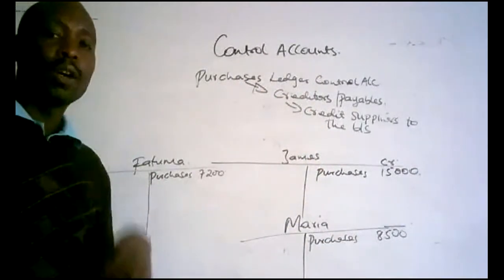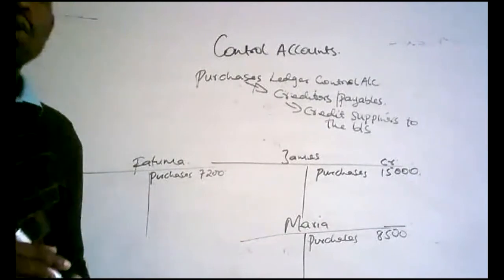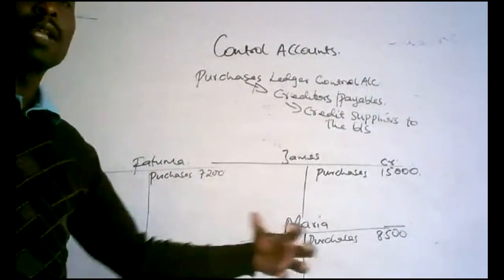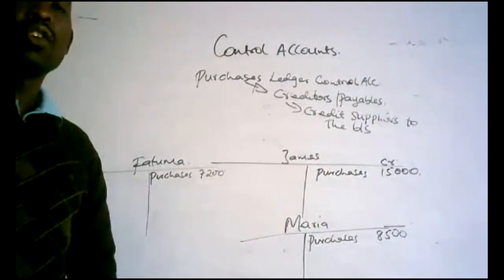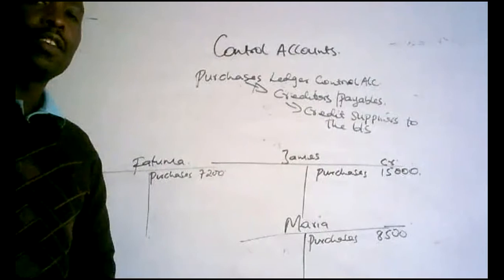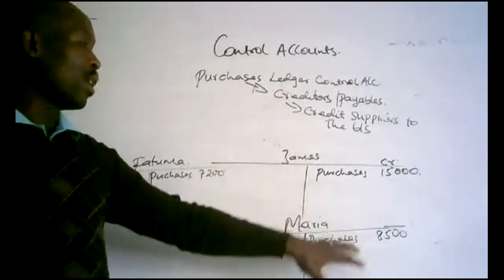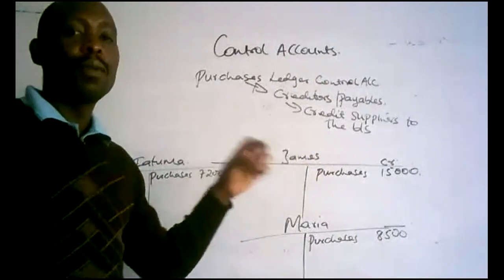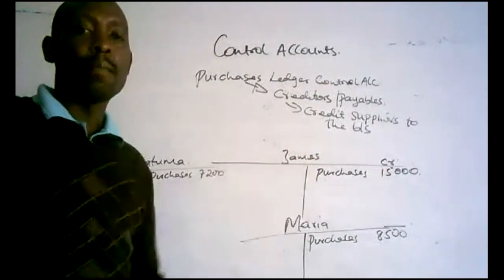Creditors are going to be credited, and these are people we owe money because we purchased inventory or stock from them on credit terms. So they are always going to be credited. A credit in the account of a person simply means that it is the business to pay the person.